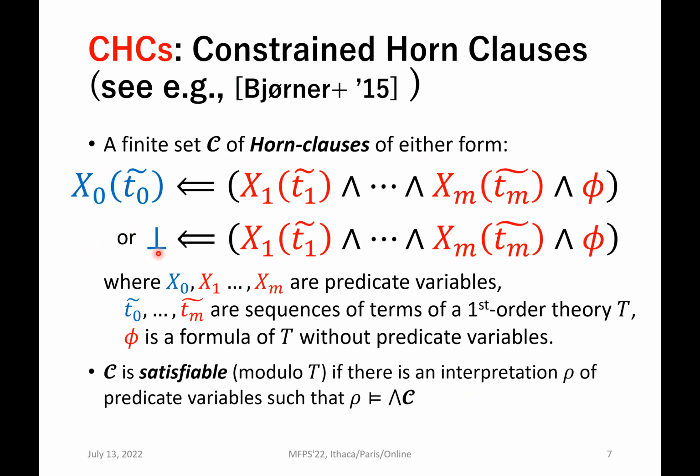Here, this means contradiction, and here the xi's represent predicate variables, and the ti's represent sequences of terms of some first-order theory. And phi represents a formula of the theory without containing predicate variables. And we say that C is satisfiable if there is an interpretation of the predicate variables such that this holds.